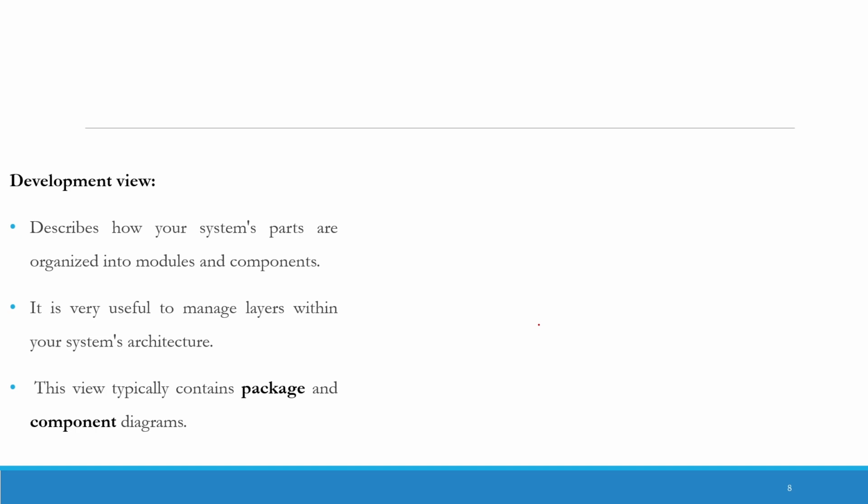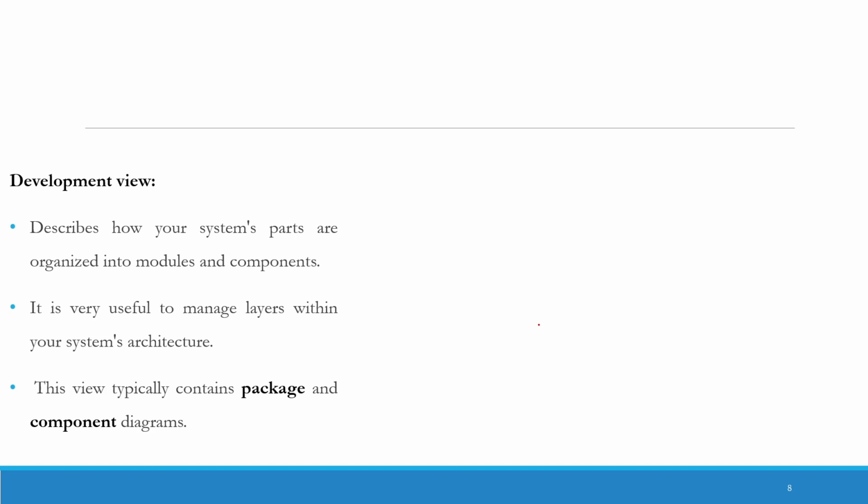The other view is the development view. In this view, we are going to describe how the system will be developed, or how the system parts are organized into modules and components. So later on during coding or implementation, every part identified in the logical view will become modules and components.